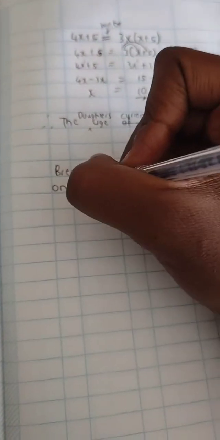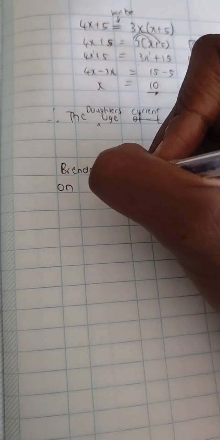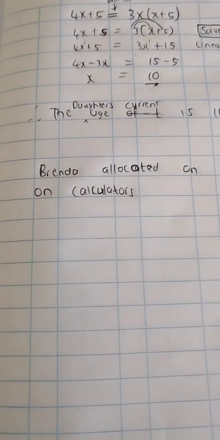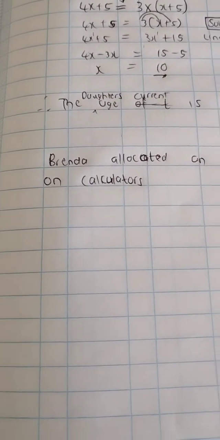My goodness, I wonder what Brenda wants to spend that money on. Brenda allocated an amount of money to spend on calculators. I'm saying Brenda, because Brenda is obsessed with making sure that things are accurate, is allocating an amount of money to spend on calculators.